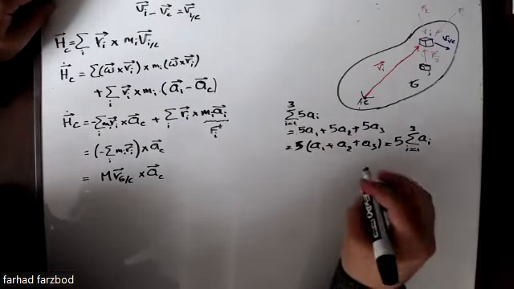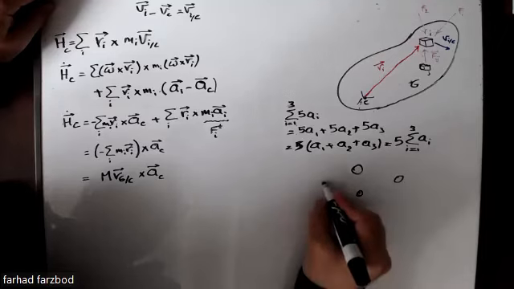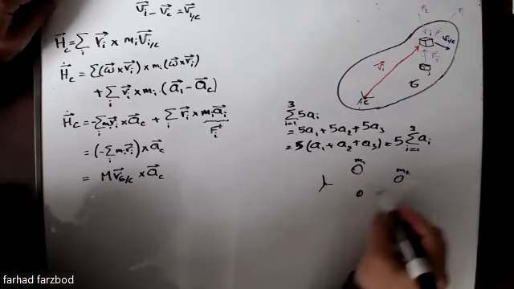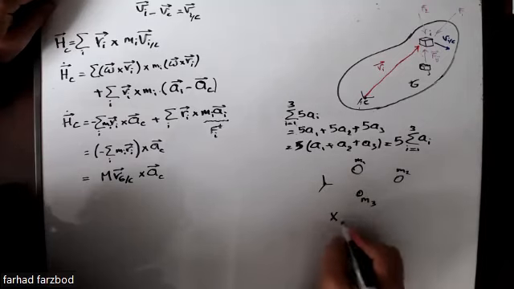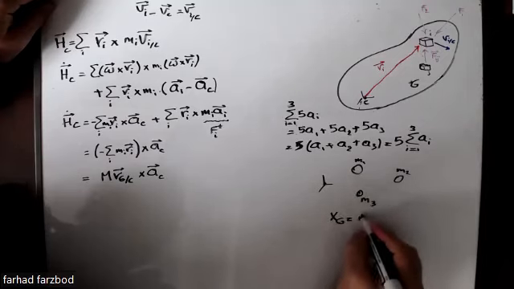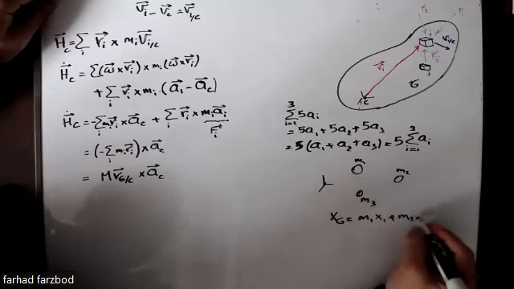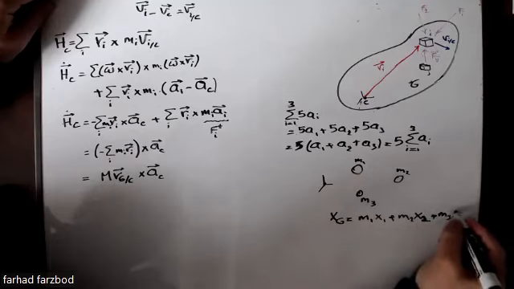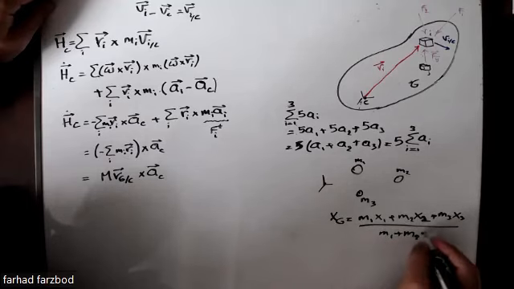Remember, if I have three masses, for example, and I pick some origin for a coordinate system, and let's say this is M1, M2, M3, the x coordinate of the center of mass, x_G, equals M1 x1 plus M2 x2 plus M3 x3, over M1 plus M2 plus M3, right?